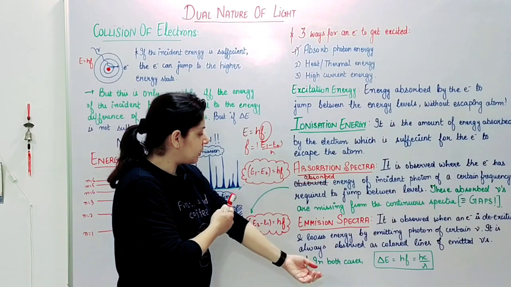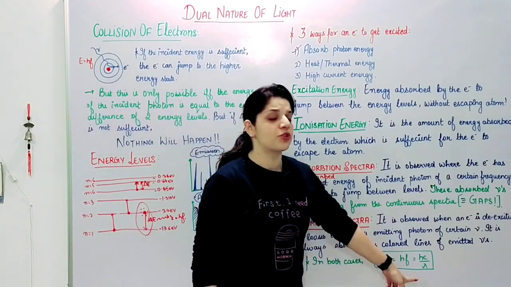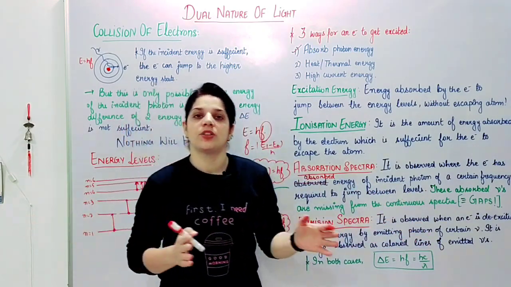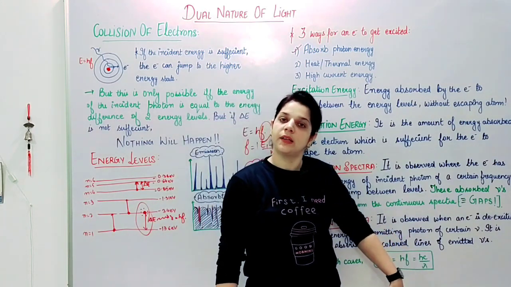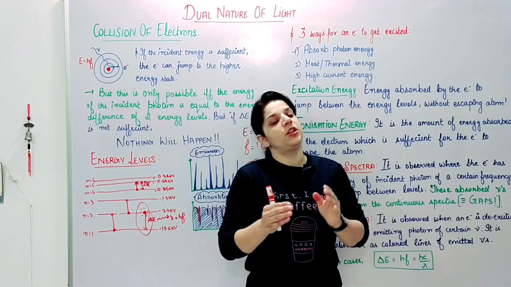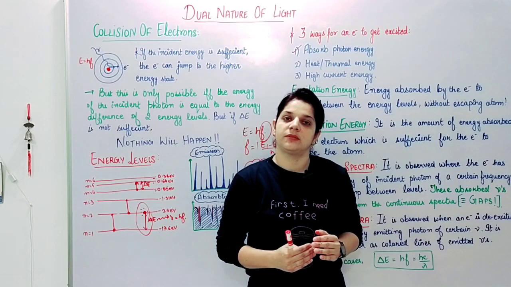If you observe in both cases, delta E is equal to hf, and if I have a certain range of wavelengths, my formula will become delta E equals hc by lambda. Clear? Any doubt till here? You can leave it in the comment section. I'll reply as soon as possible.